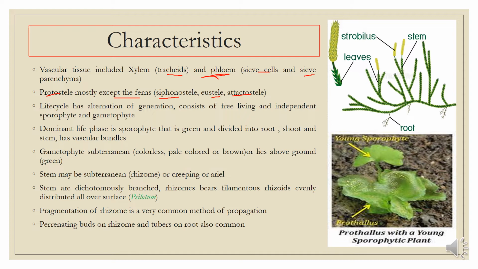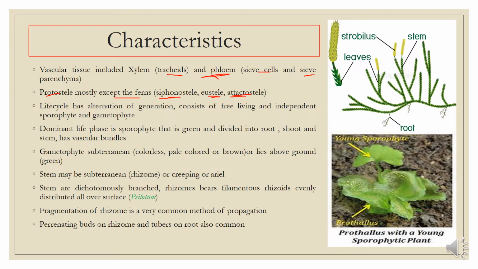This is because the fern at immature condition is a protostele. But later on, as the fern plant attains maturity, the protostele is replaced by siphonostele, eustele, or atactostele.